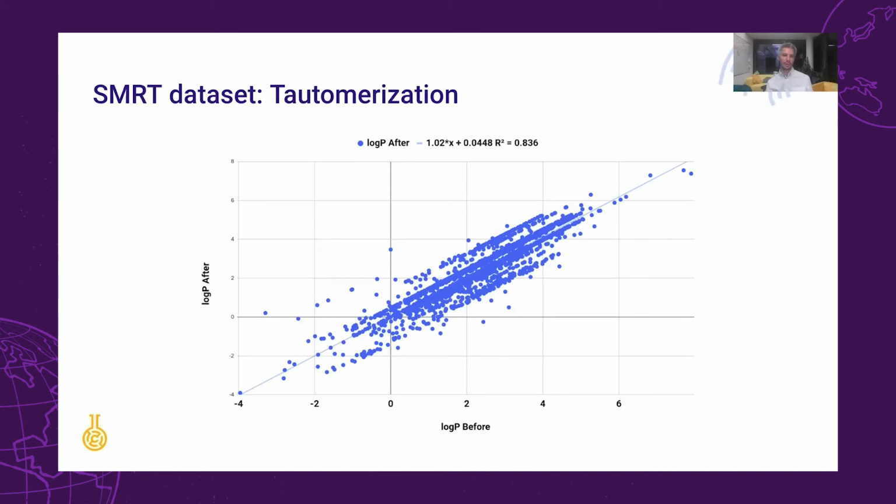In the SMRT dataset, we ran the standardizer and calculated the logP values before and after the standardization step, and I'm showing you those cases where there was a difference between the calculated logP. There is a nice linear correlation with R square of 0.836, although only this tiny transformation, to turn the molecules into the ChemAxon most frequent or most abundant tautomeric form, influenced the logP quite significantly.